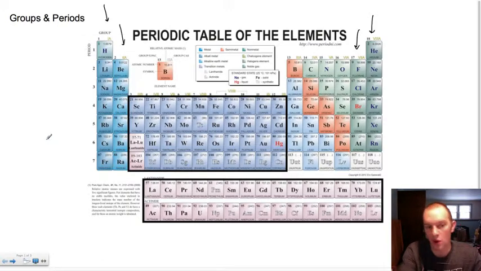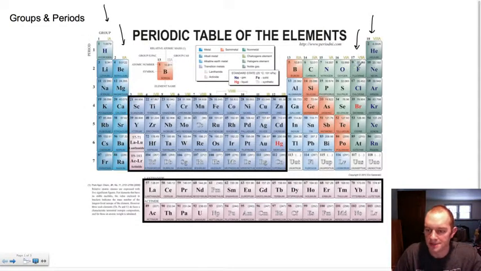Because as you go across the periodic table from the alkali metals all the way to the noble gases, you have a series of repeating properties. The alkali metals, generally speaking, are very soft, very reactive metals. As we move across the line, we go from very metallic to very nonmetallic.